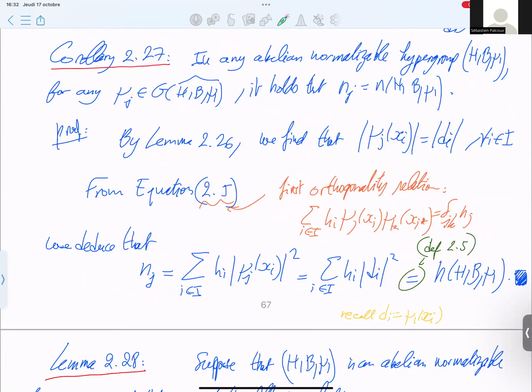Now in an abelian normalizable hypergroup, you take any group-like linear character. Then for any group-like linear character, the corresponding formal category is the order, which is equal to n1.